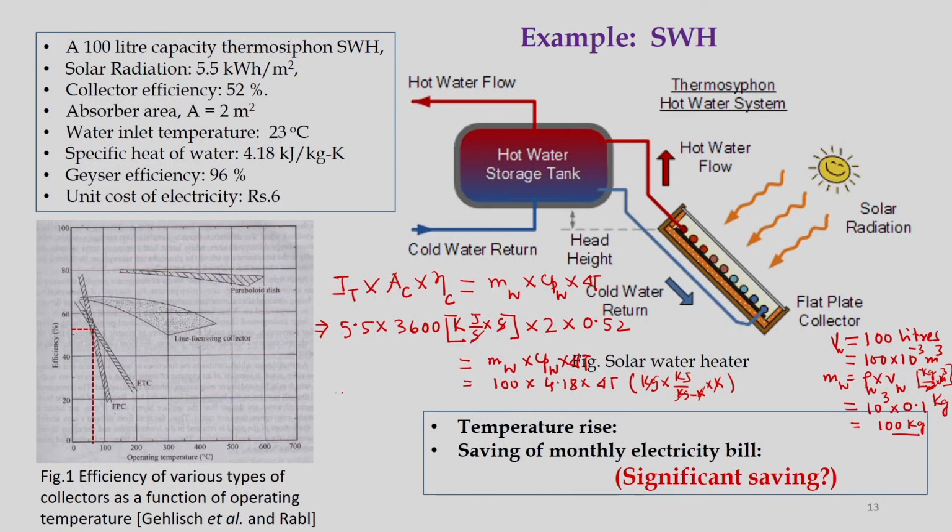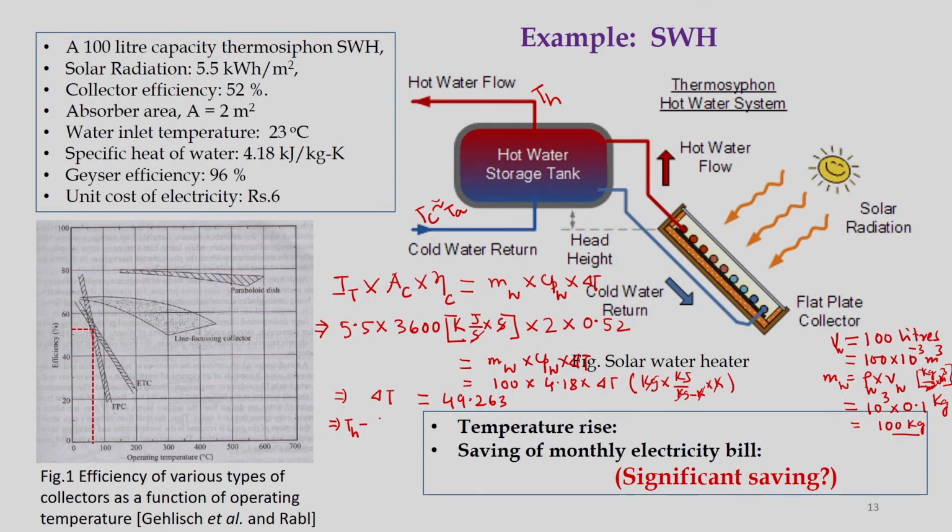So, from that what we can calculate is delta T. If we do this simple calculation, then delta T is found to be about 49.263. This is the temperature delta T. Delta T is nothing but TH minus TC, or maybe this is equivalent to TA, because this is equivalent to the ambient temperature.